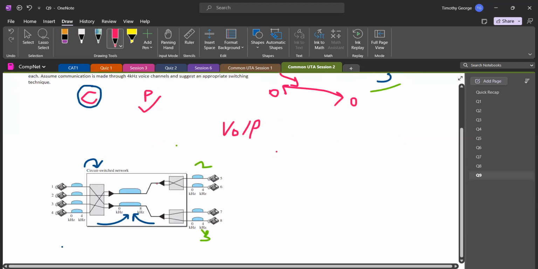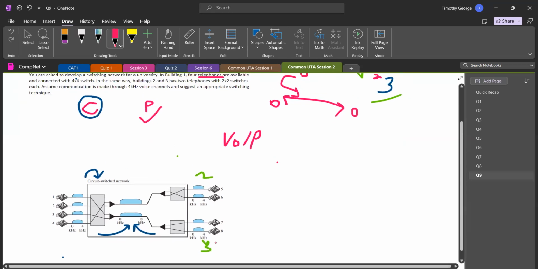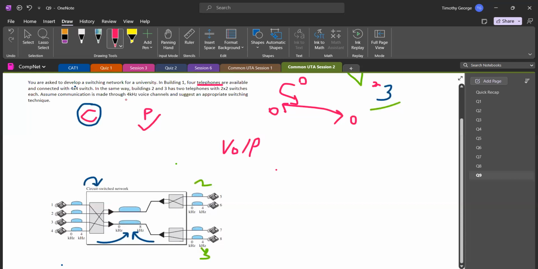And this is what it would look like when you had a number of buildings. You could have, instead of one, here two buildings with two, and you still have a similar diagram. So here we have two, here two, right? So what is this 4 kilohertz voice channels doing?